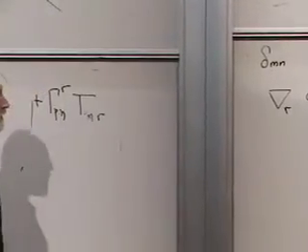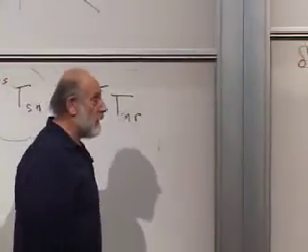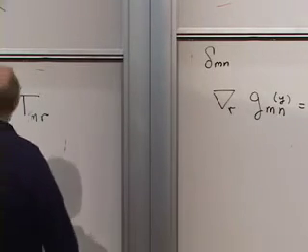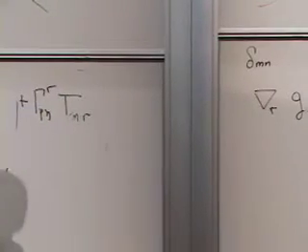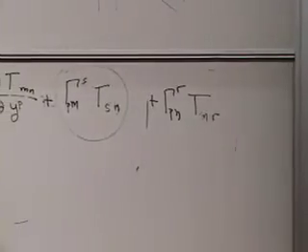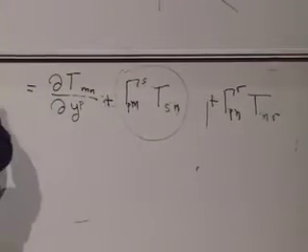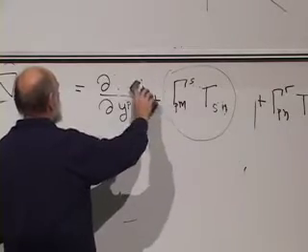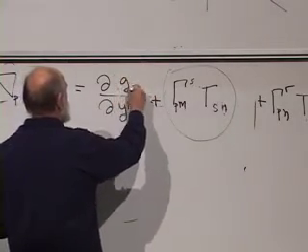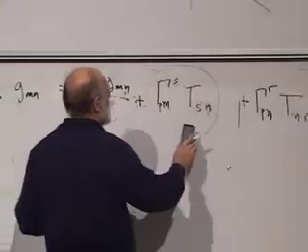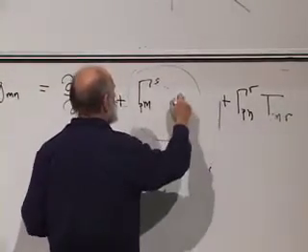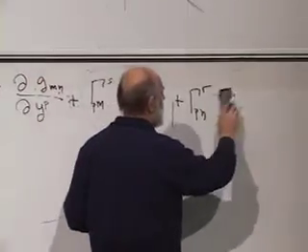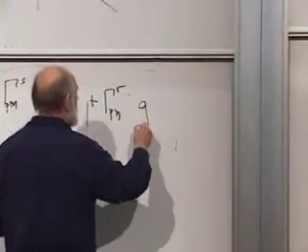Let's take that as given, that the covariant derivative of the metric is equal to 0, and let's see what it says. We'll do it just by substitution here. g_mn, g_ns, and g_mr, I think.